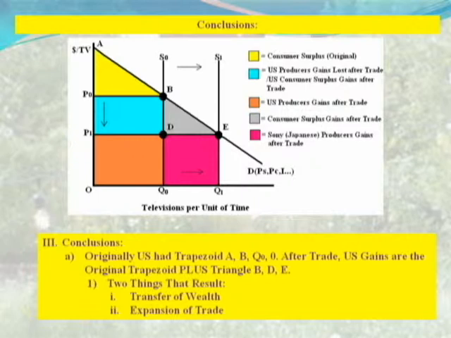Conclusions. Originally, the U.S. had trapezoid A, B, Q sub 0, 0. After trade, U.S. gains are the original trapezoid plus triangle B, D, and E. So there are two things that result by having this trade proceed.